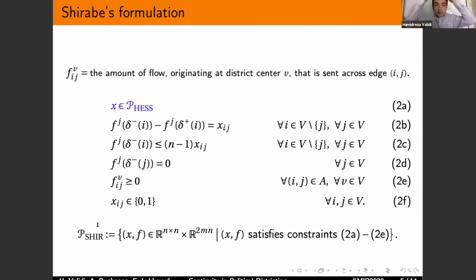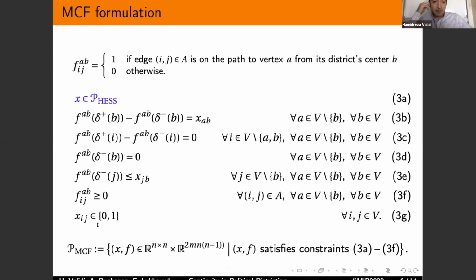Then we come up with another formulation by disaggregating the flow. Here, the flow of Shirabe has just one label, the label of the origin. What if we want to consider the label of origin and destination? Then we go to a new formulation that we propose as the multi-commodity flow formulation.